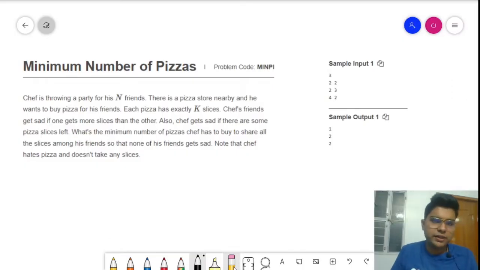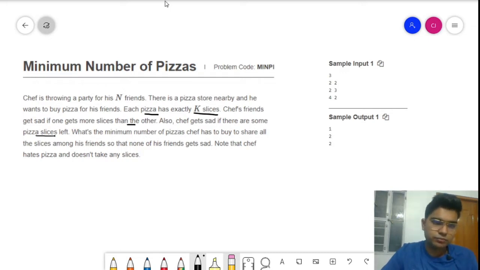Okay guys, so now let us try to understand the problem statement. Chef is throwing a party for n friends. There is a pizza store nearby and he wants to buy pizza for his friends. Each pizza has exactly k slices. Chef's friends get sad if one gets more slices than another, and Chef gets sad if there are some pizza slices left.